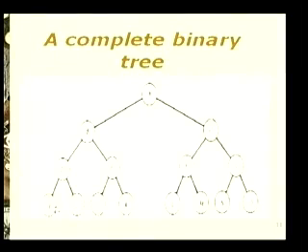These leaf nodes don't have children, and that is the last level in the binary tree. So in a complete binary tree, you don't have any node with less than 2 children, except leaf nodes. Such binary tree is called a complete binary tree.